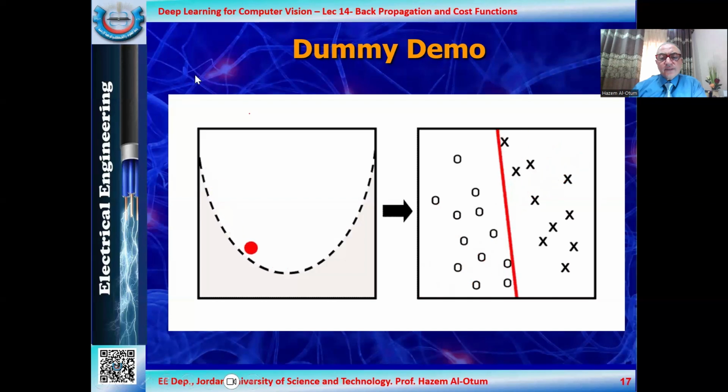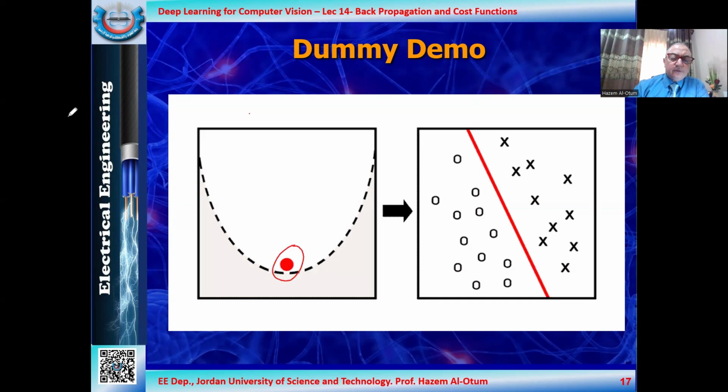Let's go back again. For classification tasks, the same thing is true. If you look at this, this is the error, and this is, let's say, W. As you see here, we applied clustering or maybe a binary classification task, and we classified properly the two sets.